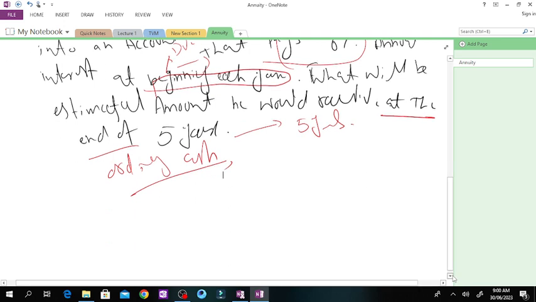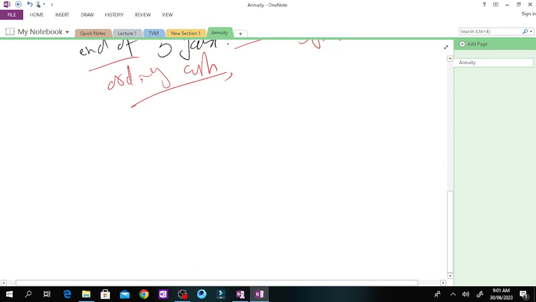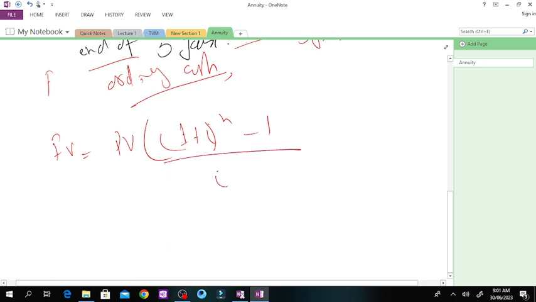Let me calculate. Future value is present value times (1 plus i) power n minus 1, divided by i. So how much do you have as present value?